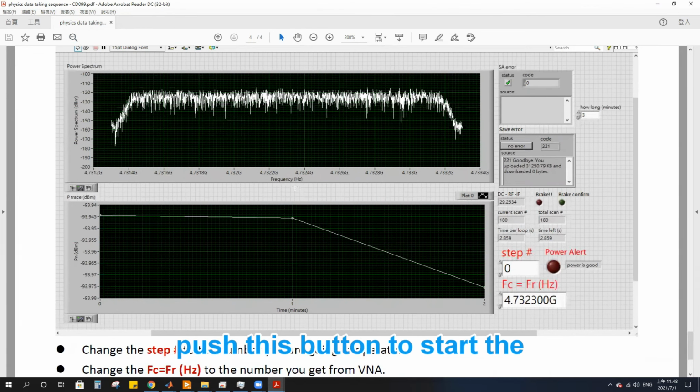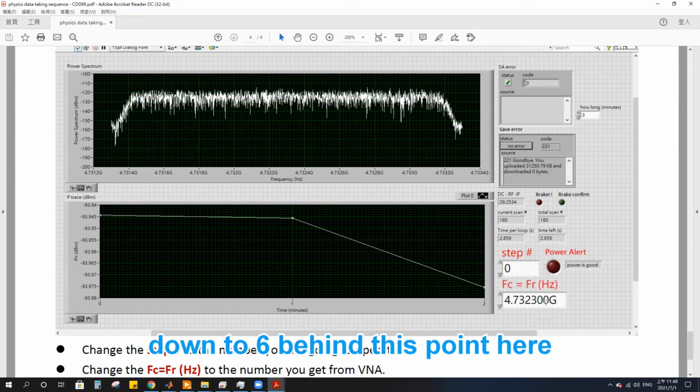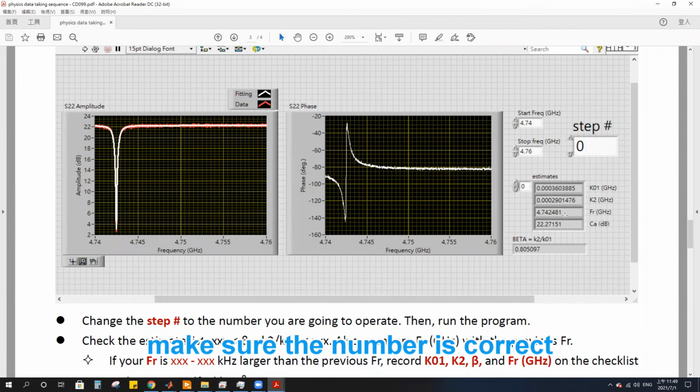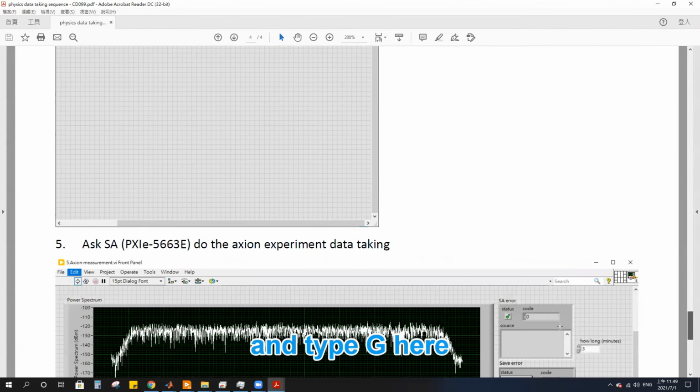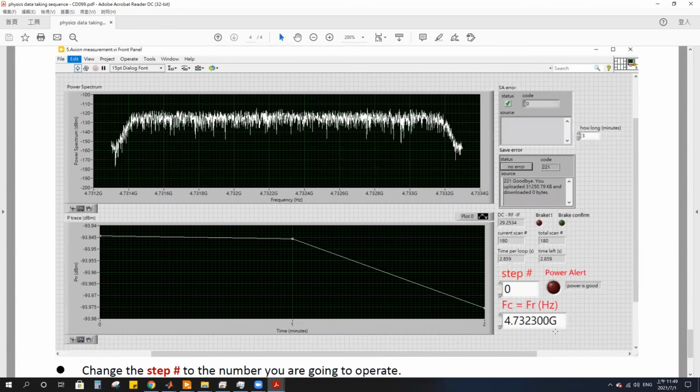Push this button to start the axion data taking. The digits I set have a frequency resolution of 1 kilohertz, so type this number down to 6 digits behind the point. Once you finish the VNA data taking, make sure the number is correct, copy this number, type G here and run it. And this is all you need to do.